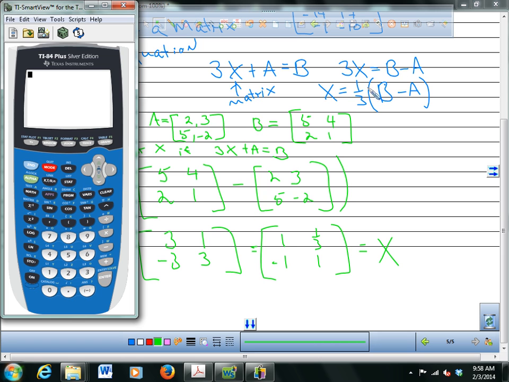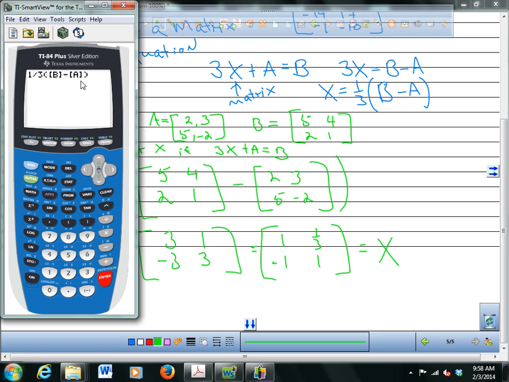And then I want to see if I got my answer right. I wanted to get 1/3 of B minus A. So I'm going to go 1/3, whoops, that's not a 1, that's an E. 1/3 of, in parentheses, and then you go to second matrix B, minus second matrix A. Okay, close my parentheses, and hopefully I get the same answer I got over there.